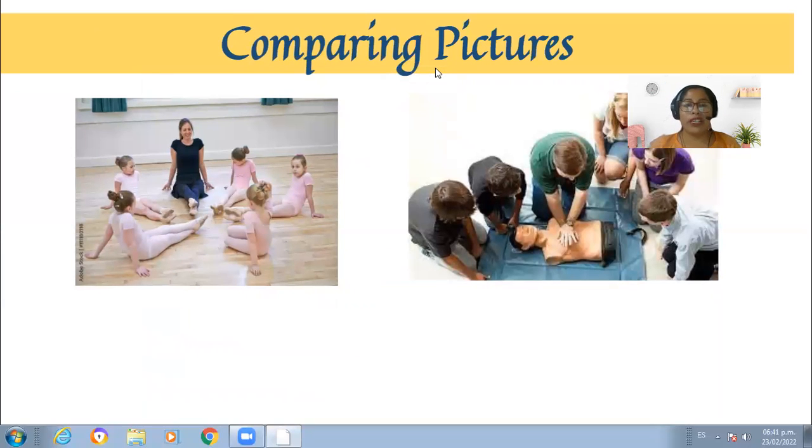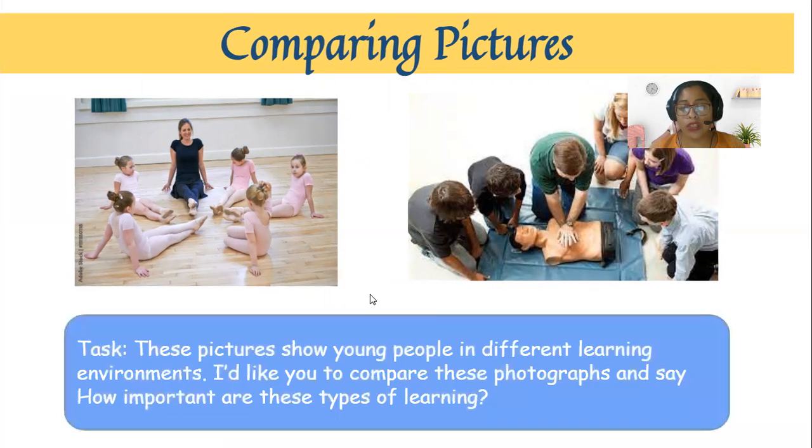How would you compare these two pictures using the expressions learned? Let's take a look at how this speaking task looks like.